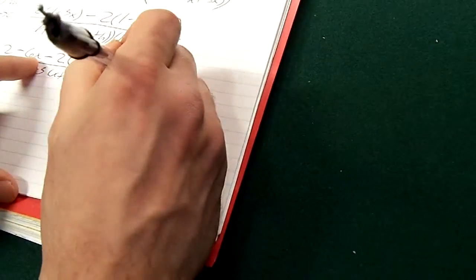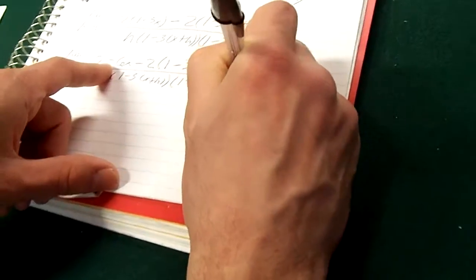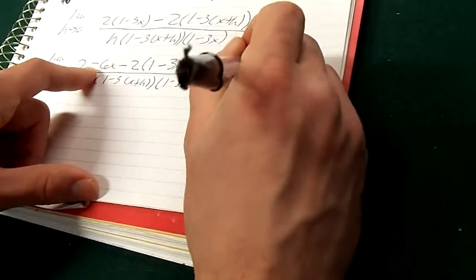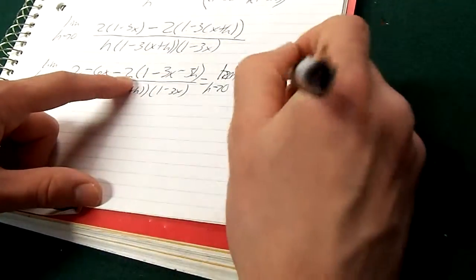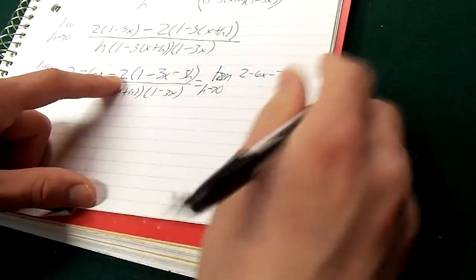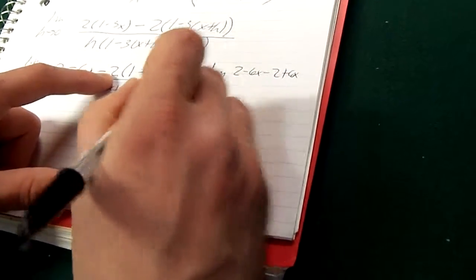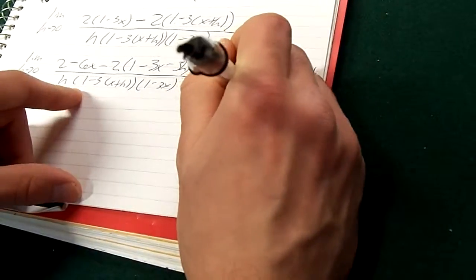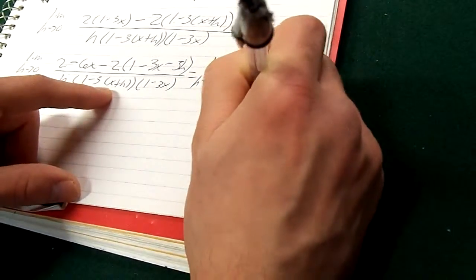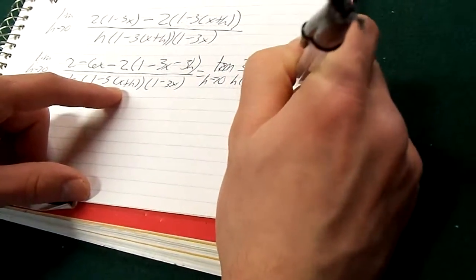And now we'll factor out this middle part, so as the limit of h approaches 0, we get 2 minus 6x minus 2, 2 times 1, -2 times -3x is plus 6x, and then we'll get -2 times -3h, which would be plus 6h, over h times 1 minus 3 x plus h times 1 minus 3x.